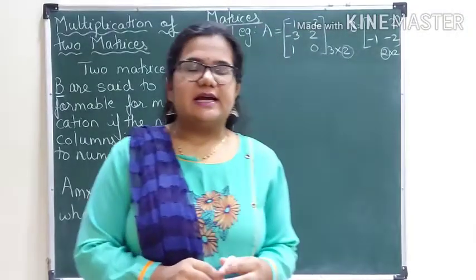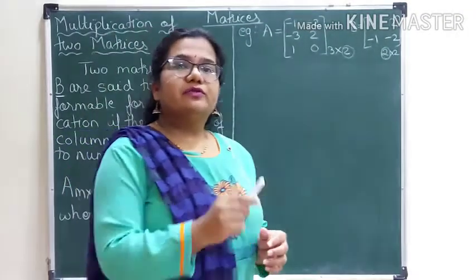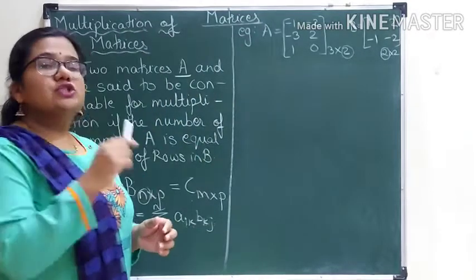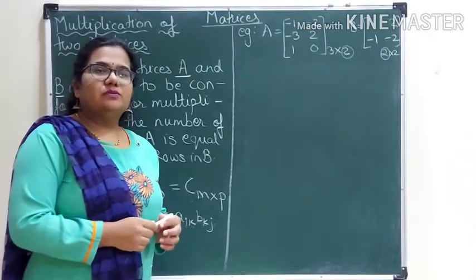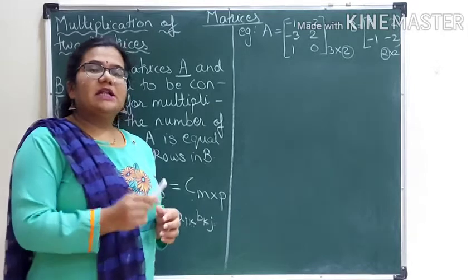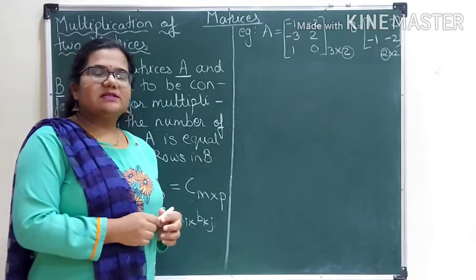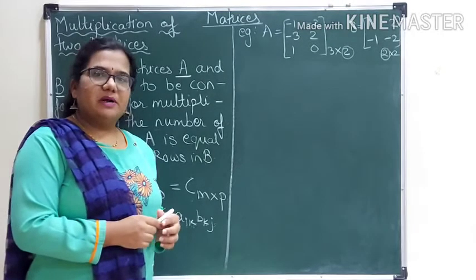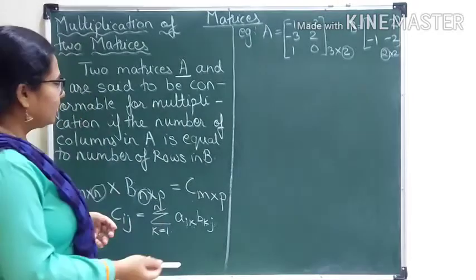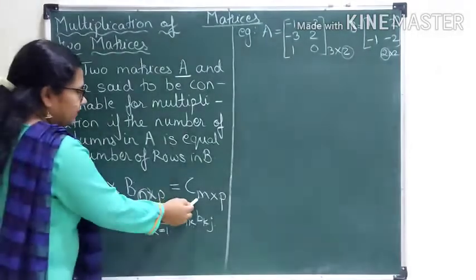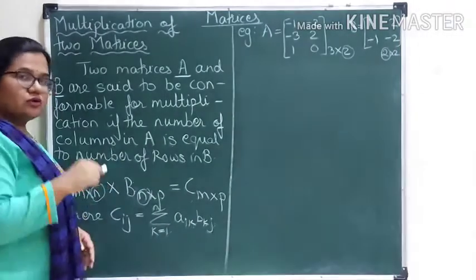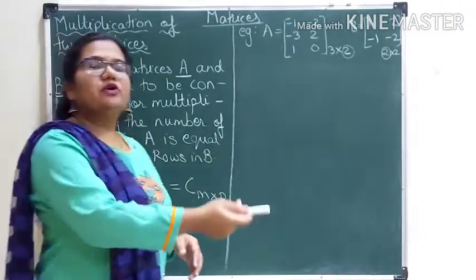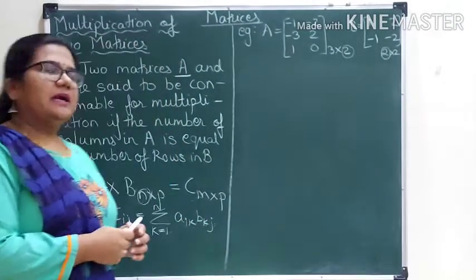The condition is that the number of columns of the first matrix should be equal to the number of rows of the second matrix. Then only the two matrices are conformable for multiplication. And the order of the new matrix you are getting will be the number of rows of the first matrix into the number of columns of the second matrix.